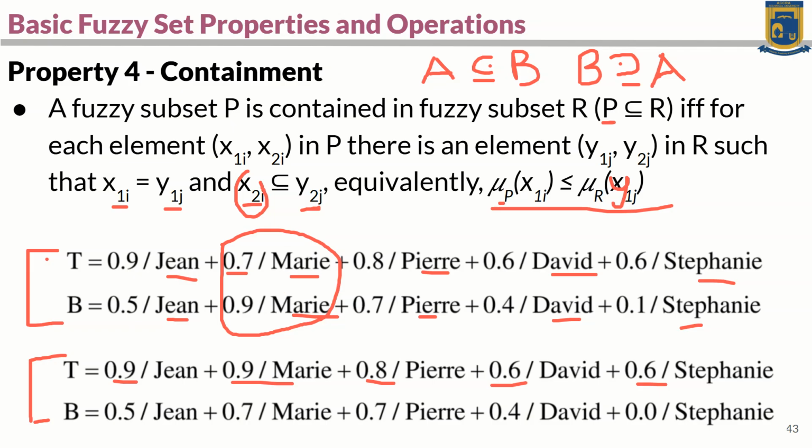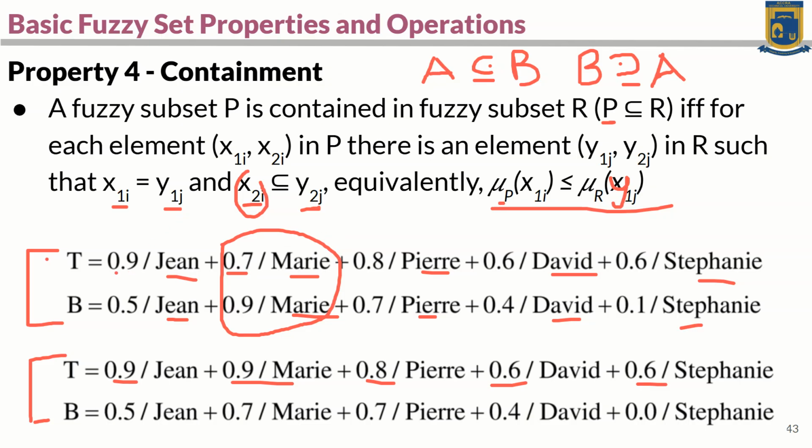Please, I didn't get the first one well. Okay, so the first one, look at Marie. The membership for Marie is 0.7, and in set B it is 0.9. For containment, if you look at the degree of membership, one subset has to have a higher or greater value for all the degrees of membership than the other.